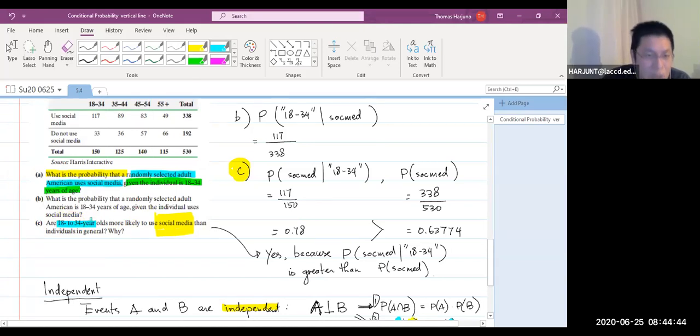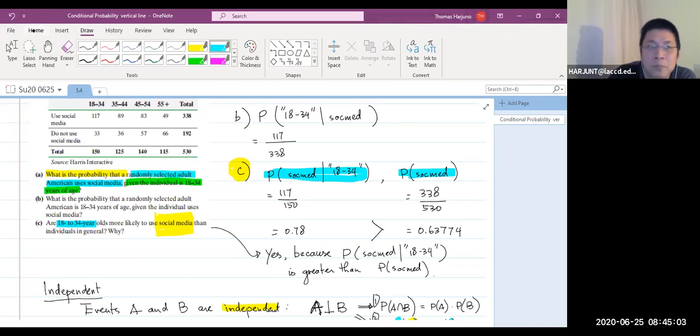To check if they are independent, you can check this thing, which we already had in part A, and the probability of using social media regardless of age. If they are the same, then yes, these two events are independent. So in this case, are they independent? No, they are not independent.